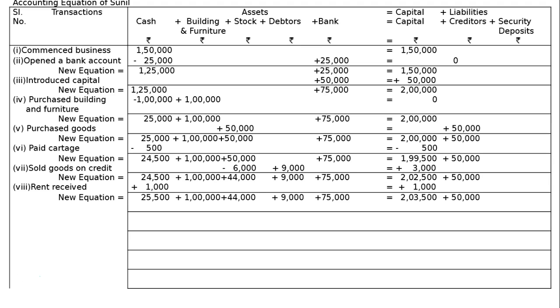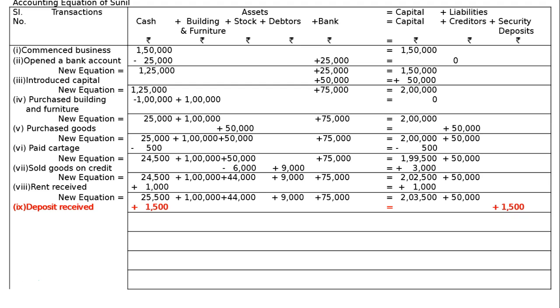It is an increase in cash and an increase in liability. When he leaves the house or shop, we will refund the money to him. Hence security deposit is a liability. This is the ninth one, security deposit received from tenants. It will be added to cash rupees 1500 and added to security deposit rupees 1500. Then new equation will be there.